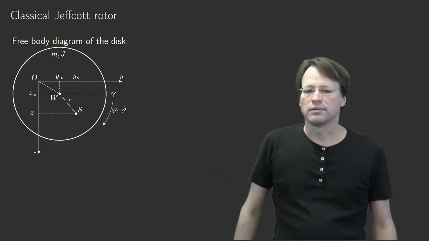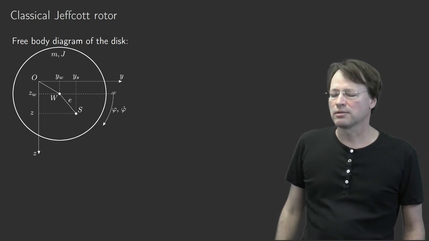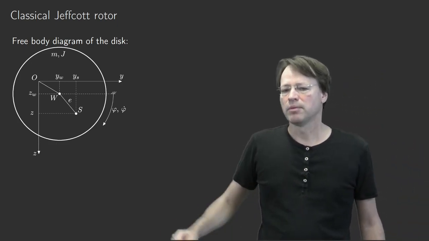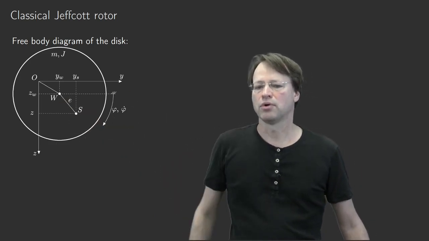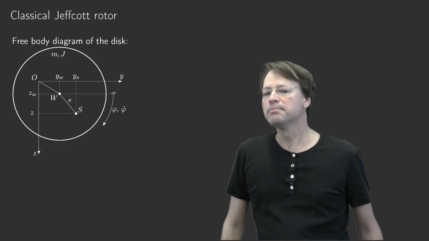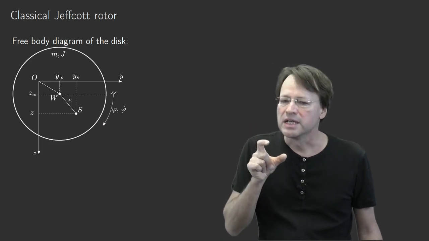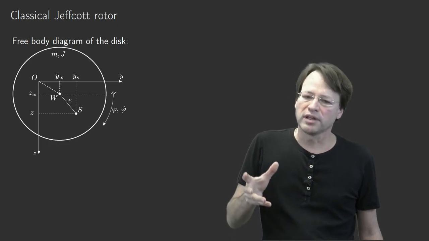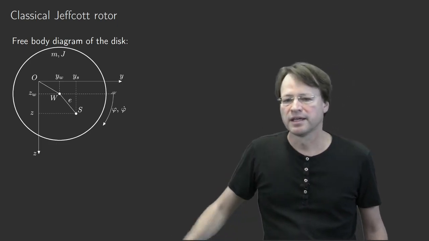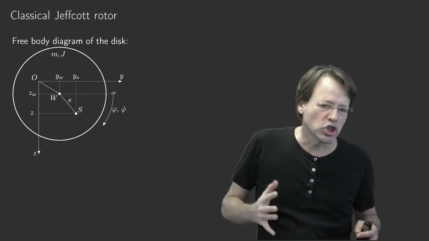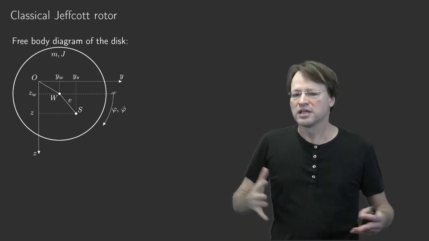Of course, it's already very important to remark here that there is a kinematic relationship between the coordinates for point W and for point S. Why? Because both points sit on a rigid body. So during the motion of that rotor, the relative position of these 2 points cannot change. Otherwise, the body wouldn't be rigid but flexible.